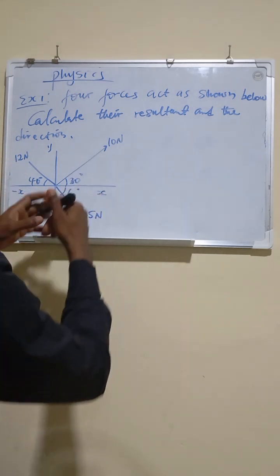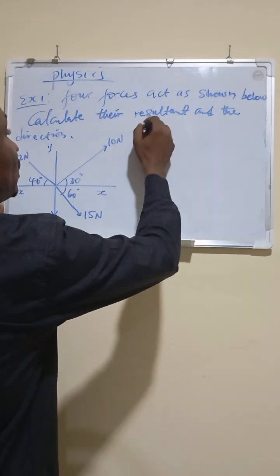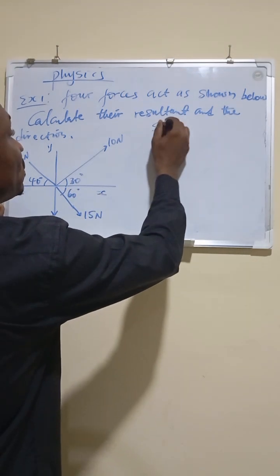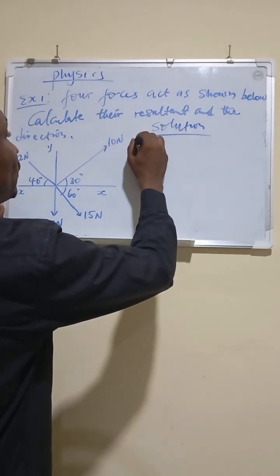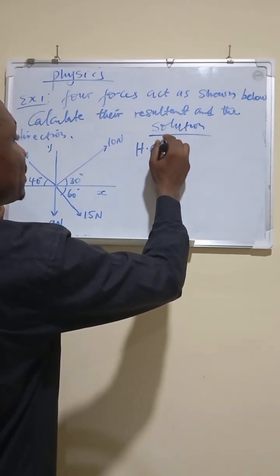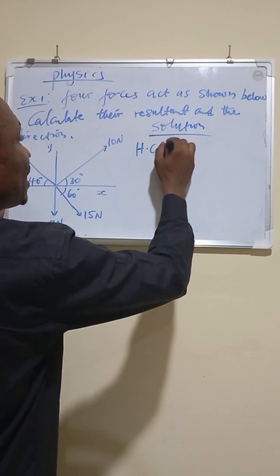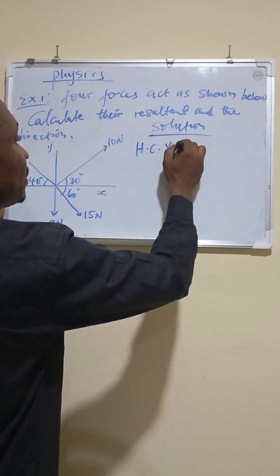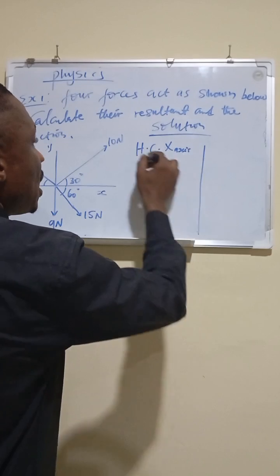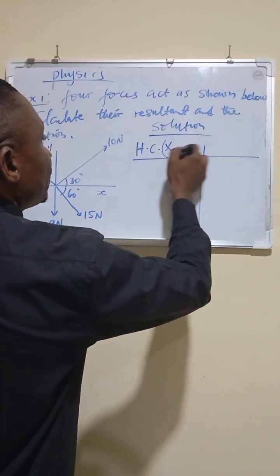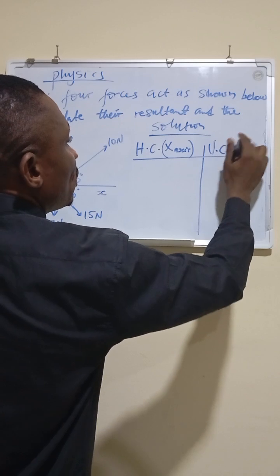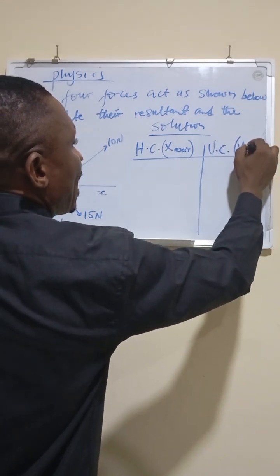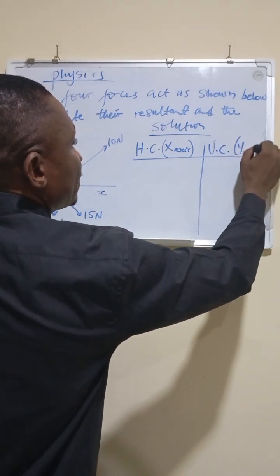So how do we resolve this now? You will write that as a solution. We have a horizontal component called the x-axis, and a vertical component we call the y-axis.